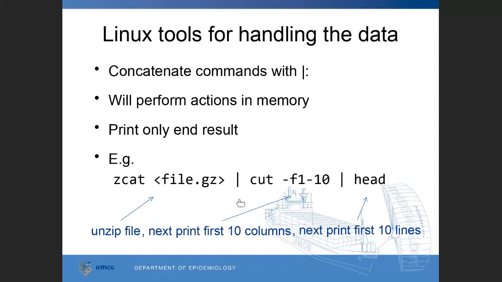So for instance, if you do zcat of a gzip file, then cut -f1-10, this means print the first 10 columns, in memory. And then do head, then it will print the first 10 lines. So the result of this will be the first 10 lines and the first 10 columns.